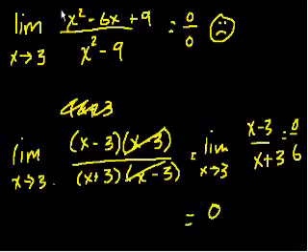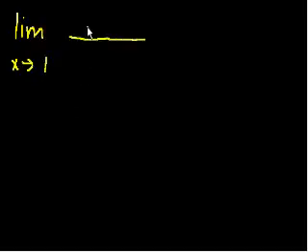Well, let's explore that. Let me clear this. Let's say, what is, my pen is not working. Okay, the limit as x approaches 1 of, let's say it's x squared minus x minus 2.